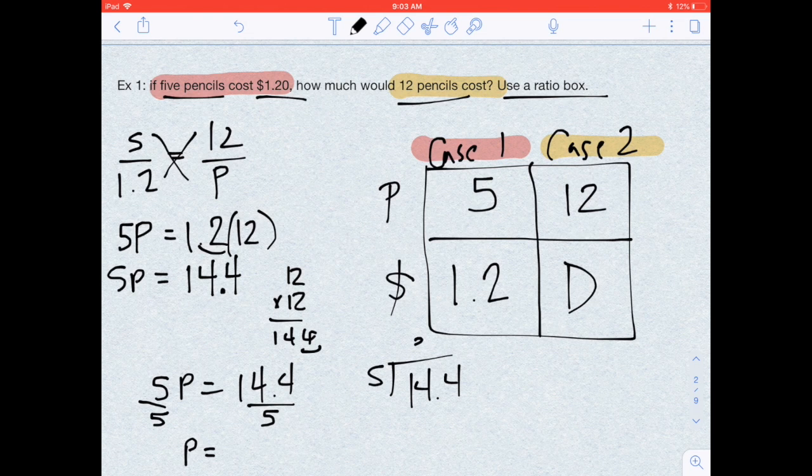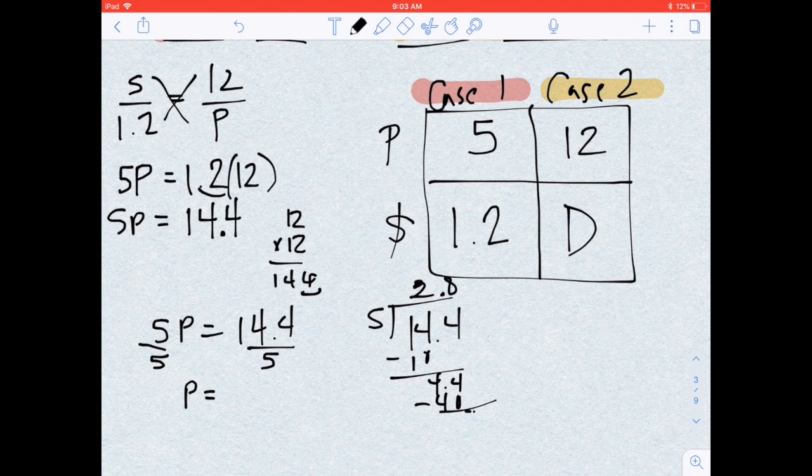This fits in 2 times. That fits in 8 times. And 44, sorry, that's a 4. Bring down a 0. So it should be about $2.88.